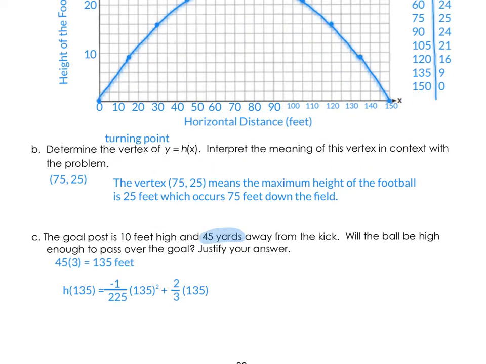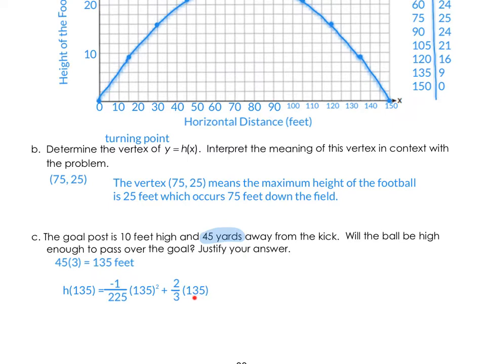So we looked at it on the graph, but the question tells me to justify. So that means I need some math to back up my answer. So what I did was I knew that it was 135 feet down the field. That's an x value. So I need to plug that in place of x in my original equation. So that's why I wrote this with the negative 1 over 225 times 135 squared plus 2/3 times 135.